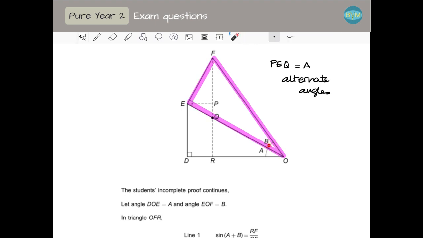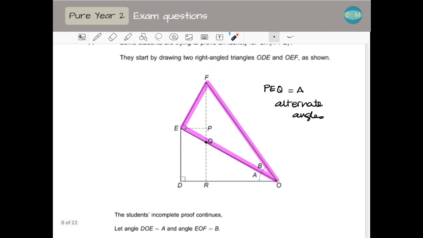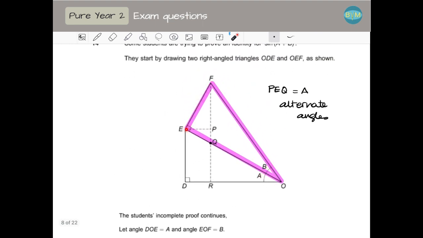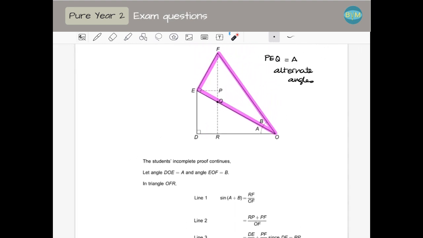Sine B is going to be opposite, which is EF, divided by hypotenuse, which is OF. I'm not going to write everything to not take ages, but you can explain that using triangle OFE, cos B is OE divided by OF.